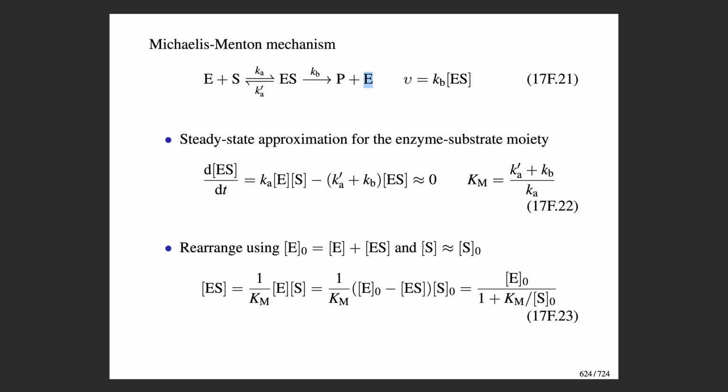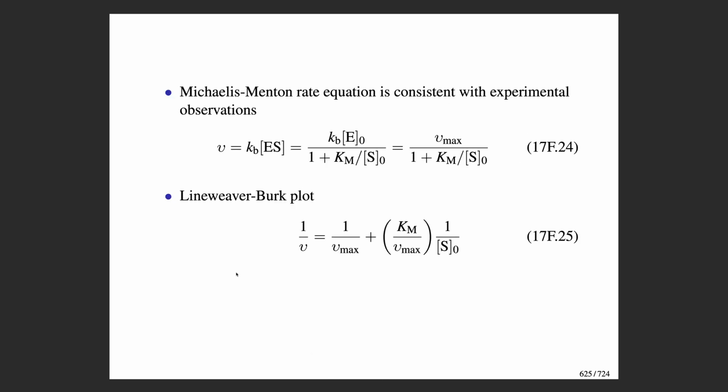Furthermore, if we have sufficient substrate that the concentration of that substrate is effectively constant, doesn't change with time, then we can substitute into this expression and simplify things a bit. It leads us to this expression here, which we can then substitute into the expression for the rate. And so what we want to do is analyze the rate in terms of these quantities. So what do we see here?